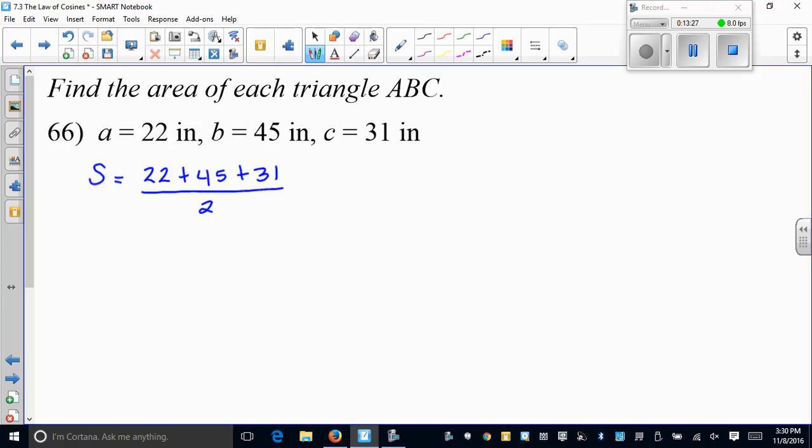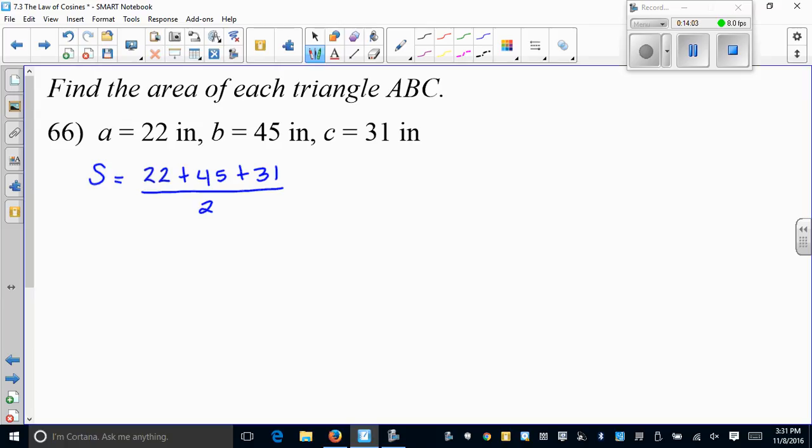Actually, let me backtrack that one. Your S value should never be smaller than your largest number. There we go. Because you're going to do S minus these values. So your S value must always be larger than your largest number.